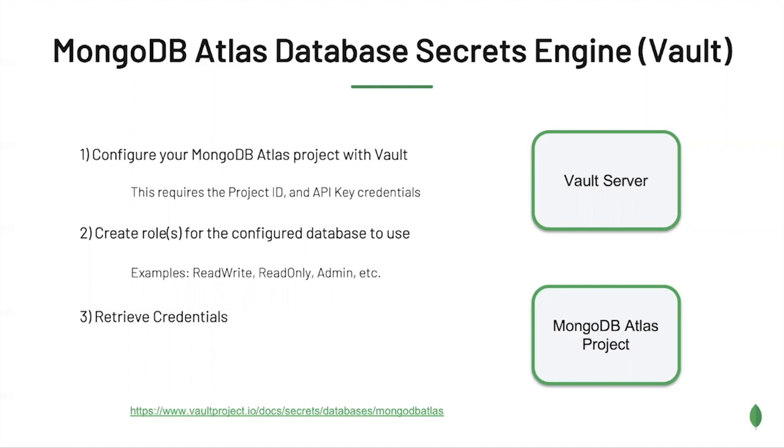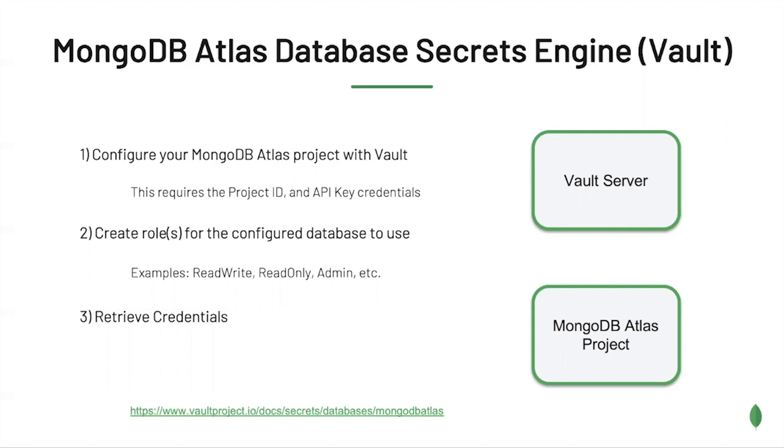So I could allow a developer to gain access to a database for minutes, hours, or days, months, whatever we deem appropriate, just by issuing some commands with Vault. We also use it to create IDs and passwords for our applications to use, which is pretty cool.